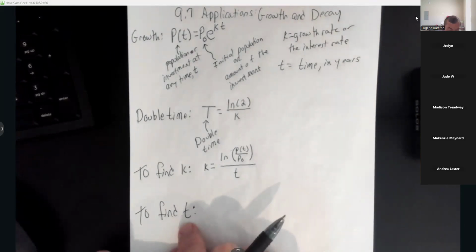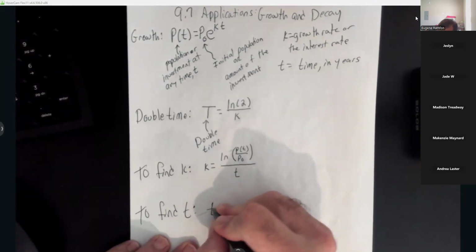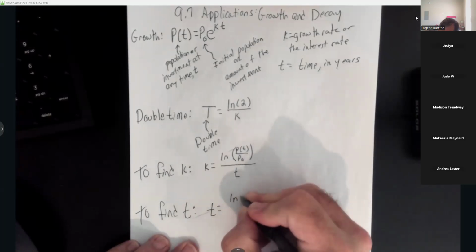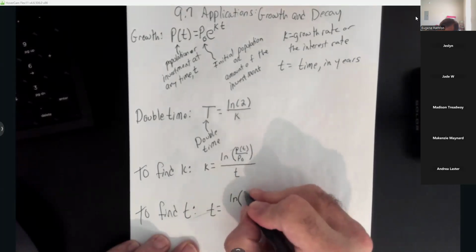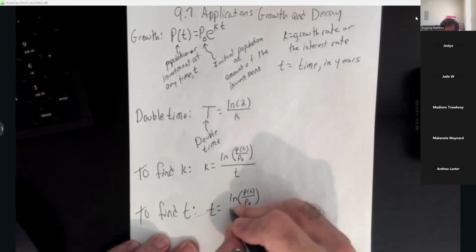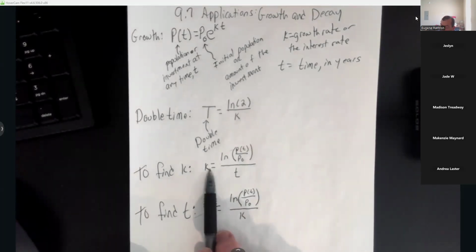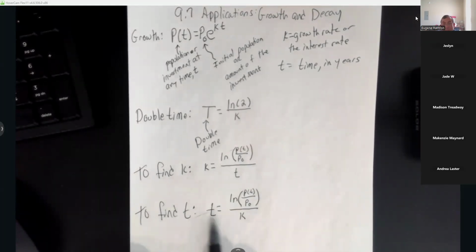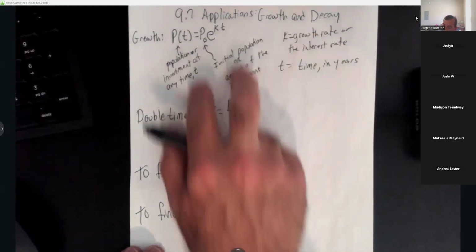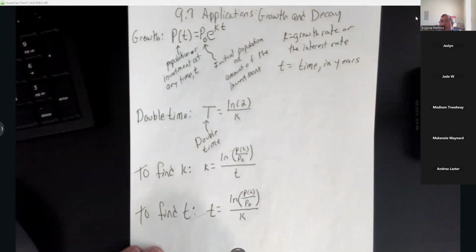If I'm looking for that kind of time, then my formula is t equals the ln of your P of t divided by P initial, all over k. So look, you want k, you divide by t. You want t, you divide by k. Keep these formulas close by because that's what we're going to use in this section, okay?